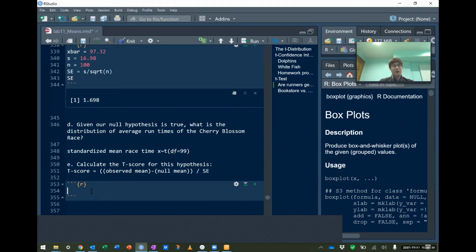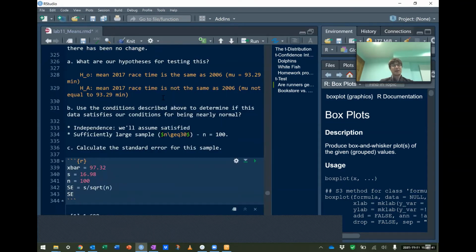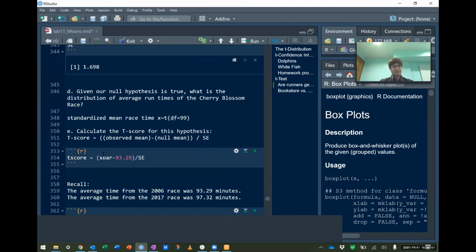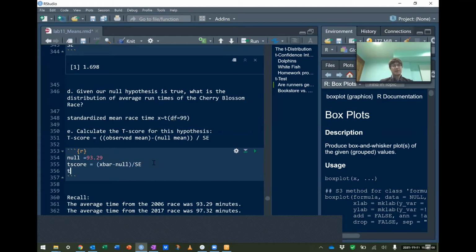And so the observed mean was x bar, we saved it up here, minus the expected mean. What was our null hypothesis mean? The previous race time. And then we divide it by standard error. Or you could do it this way if you like being the same as before. So that's our t-score.